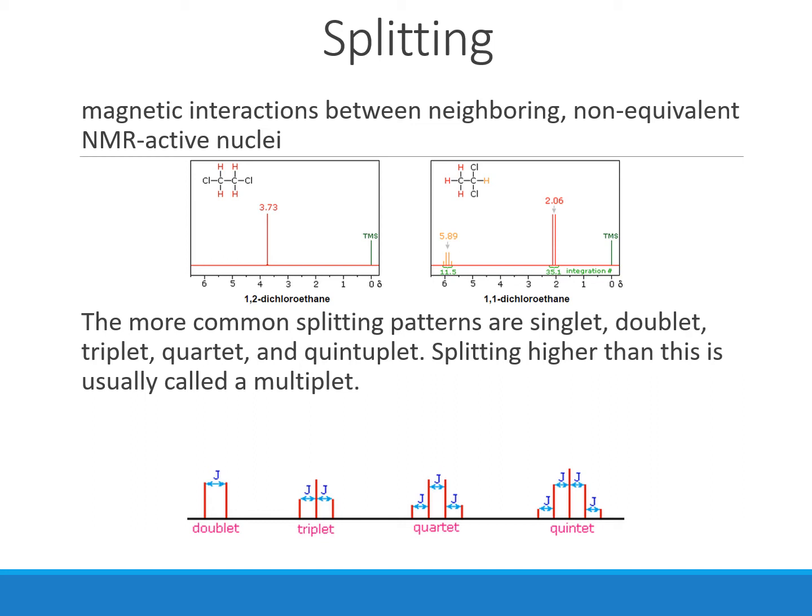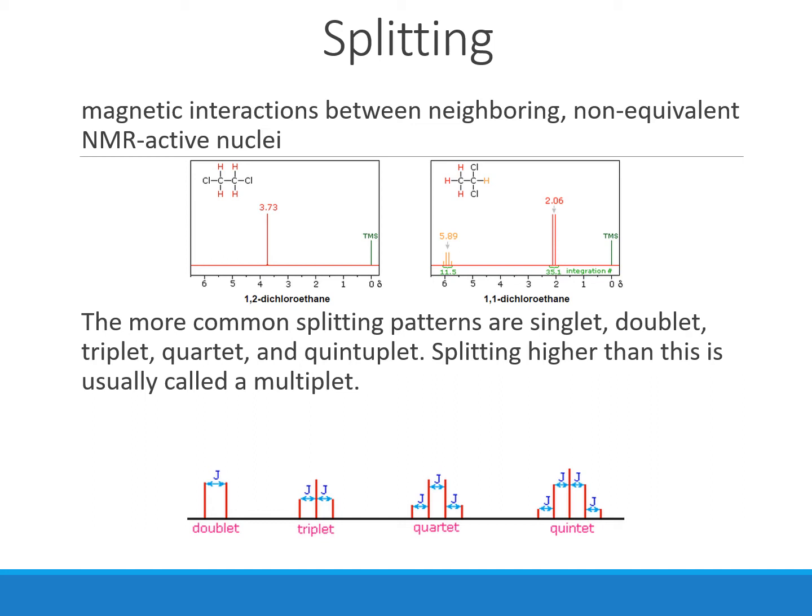Let's explain this with an example. If you look at 1,2-dichloroethane, all the hydrogens are equivalent. All four hydrogens are equidistant from the carbons and from the chlorines. That's why you will have only a single peak. If you shift one of the chlorine atoms to the other carbon, you will get 1,1-dichloroethane.